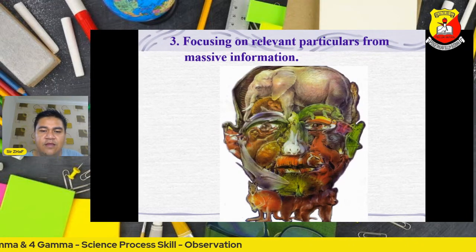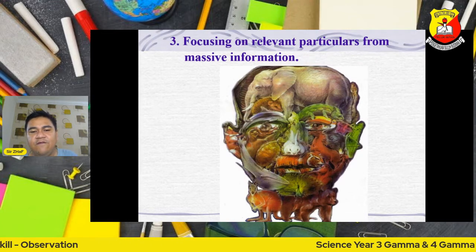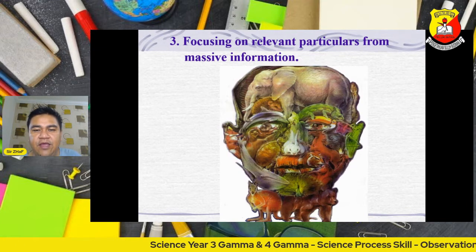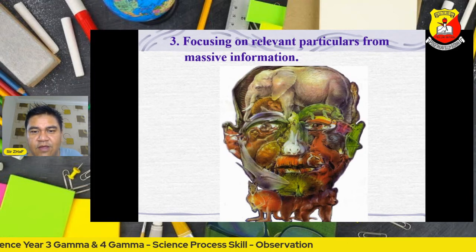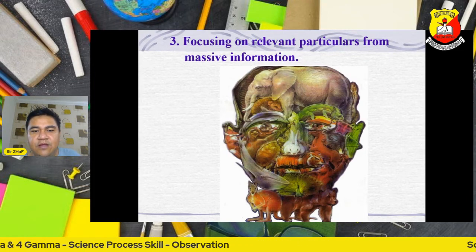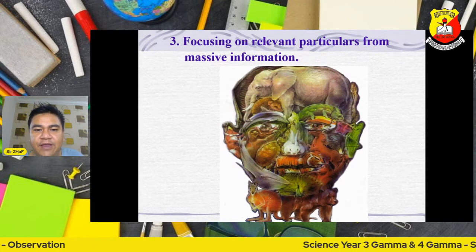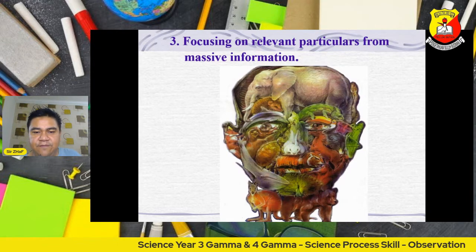If you look at it once, this is a picture of the head of a man. But if you look twice, you can see it is a picture of animals combined in one picture.